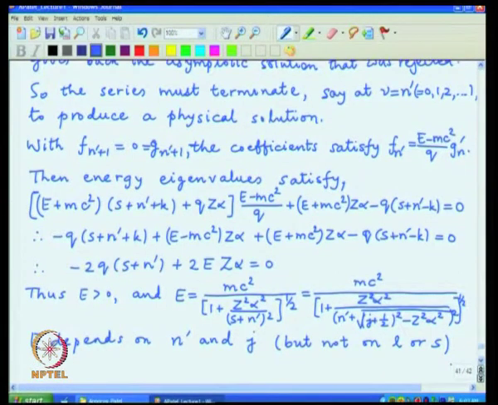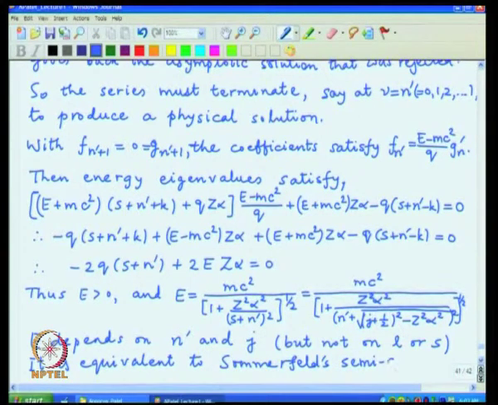On the other hand, this solution is equivalent to Sommerfeld's semi-classical result with certain redefinition of what is meant by the different quantum numbers.